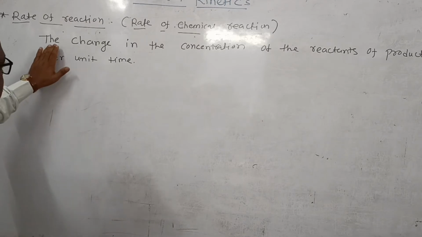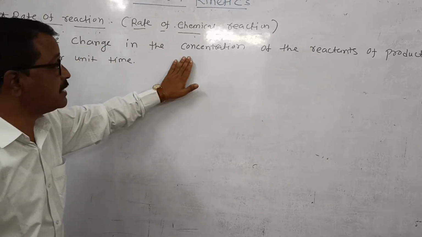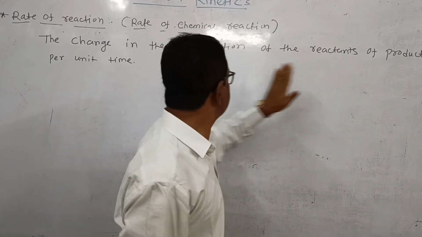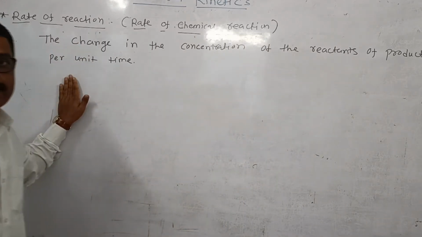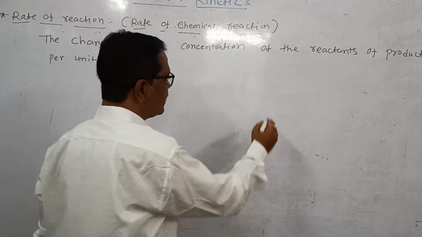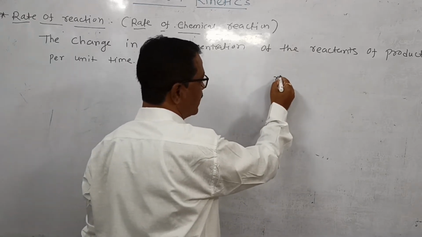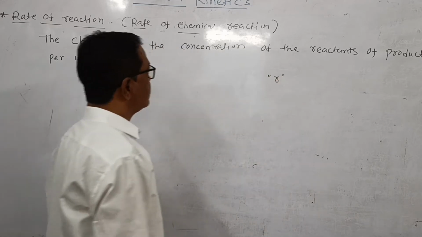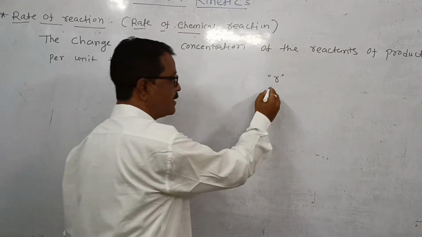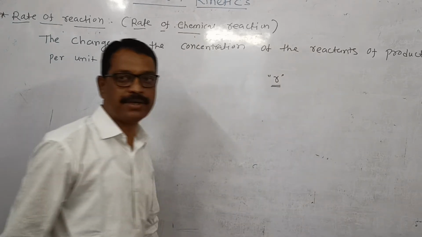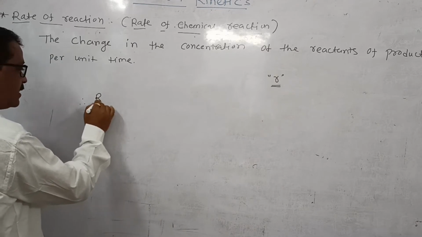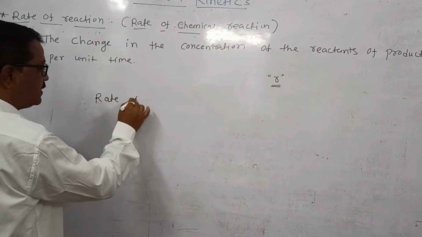Again, the change in the concentration of the reactant and product per unit time. It is denoted by the letter small r.